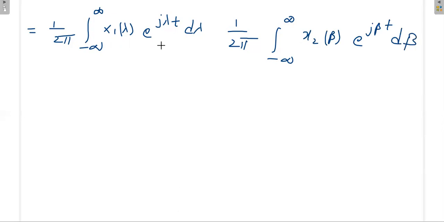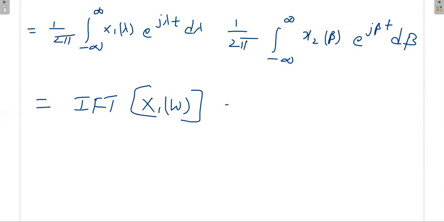So if you see carefully, this is the inverse Fourier transform formula. Again, this is the inverse Fourier transform of X1 of omega, and this is the inverse Fourier transform of X2 of omega.